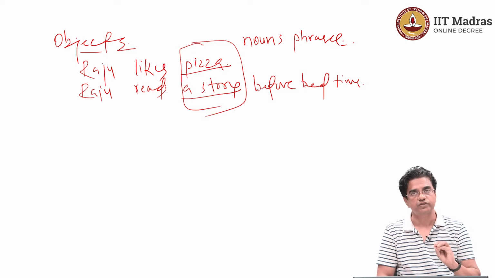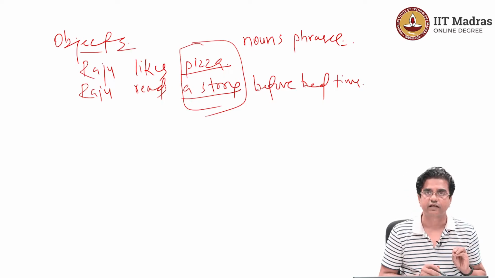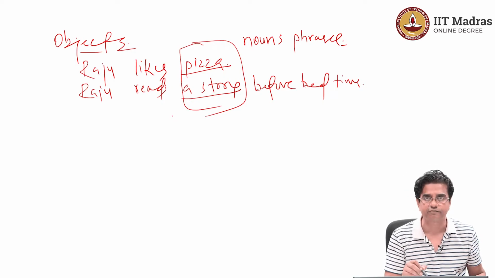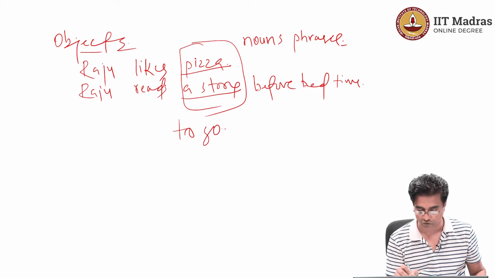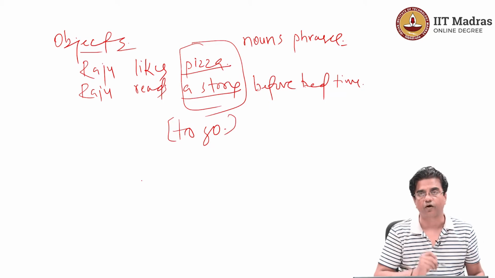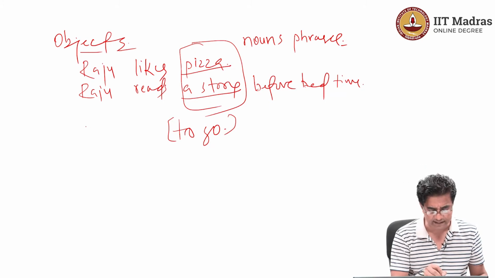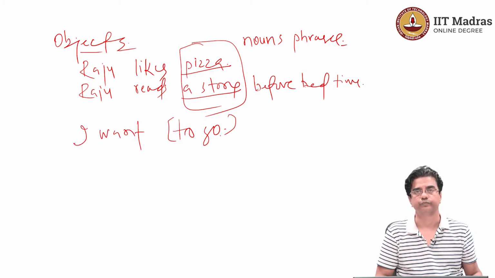So we have mostly paid attention to objects that are noun phrases. Sometimes an infinitive clause, a "to go" type of clause, becomes an object of a sentence. A very simple sentence like, I want to go.